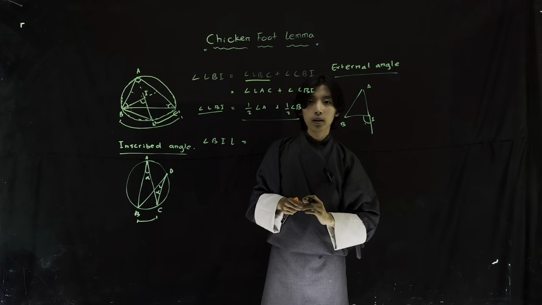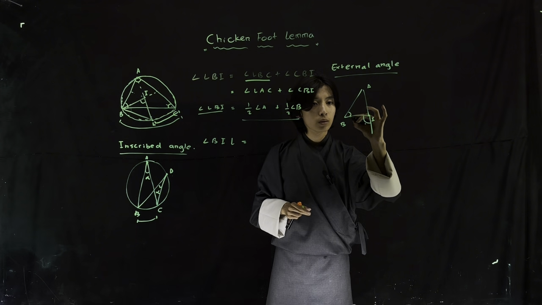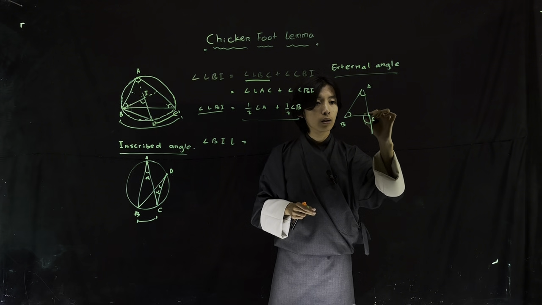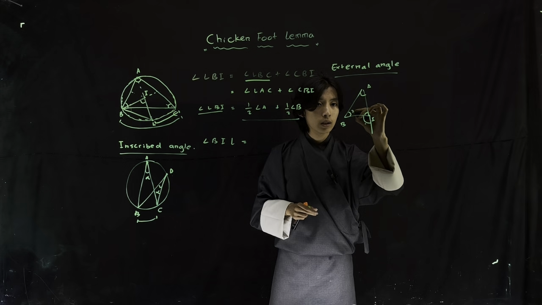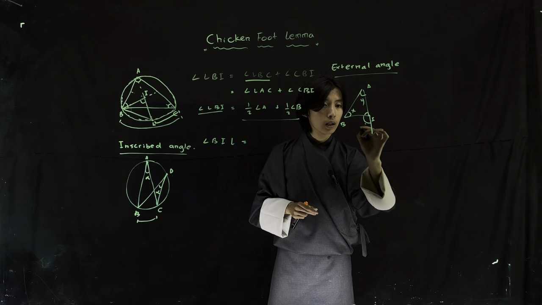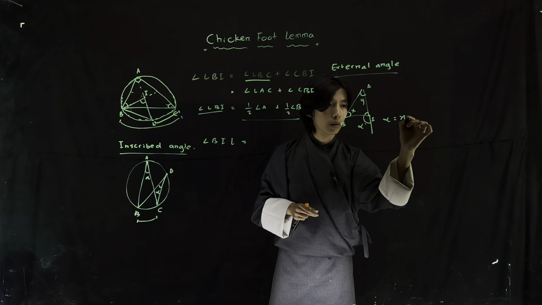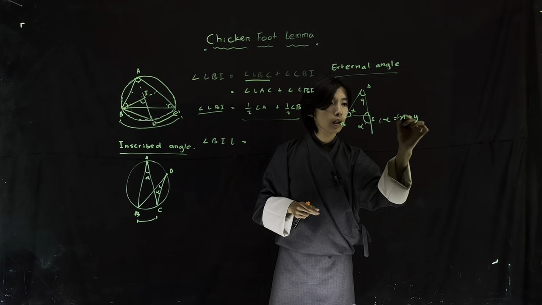The external angle is the sum of the two angles that are far away from it, not the closest one. So if this is x and this is y, and this angle is alpha, then alpha would be the sum of angle x and angle y.